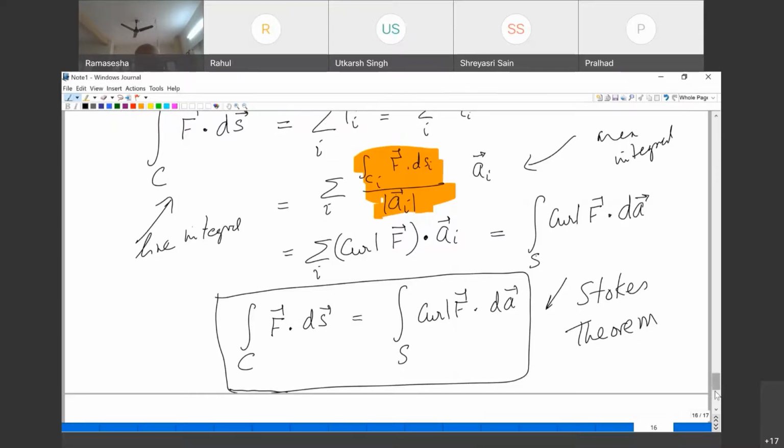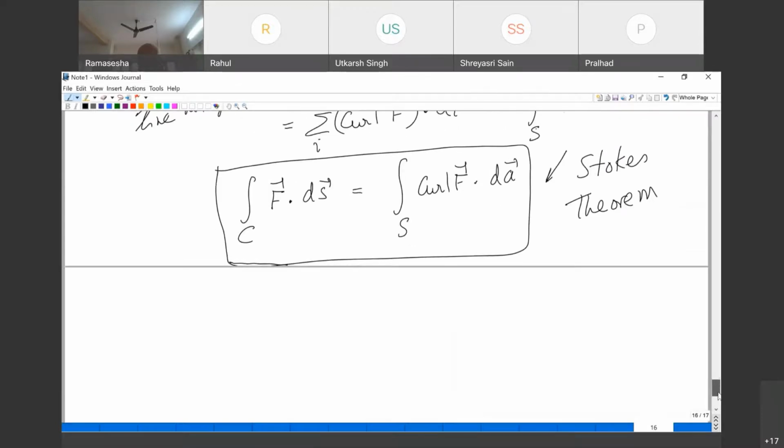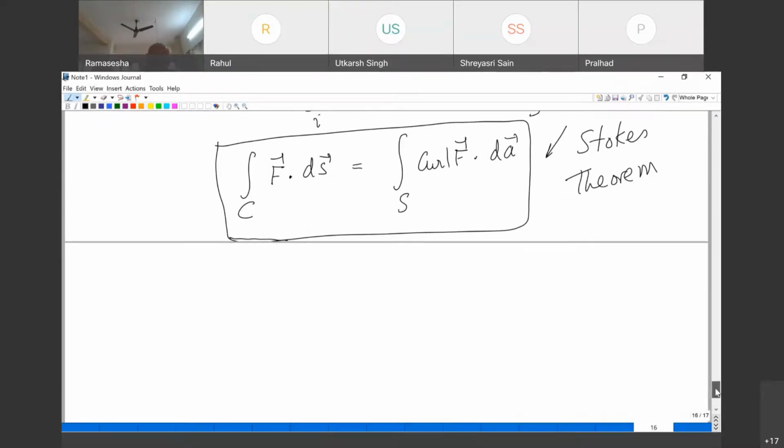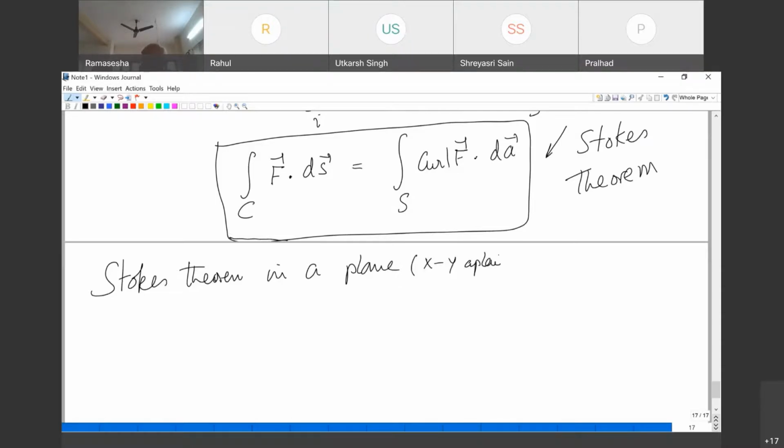Okay, and Stokes theorem in a plane, say for example, is Green's theorem.